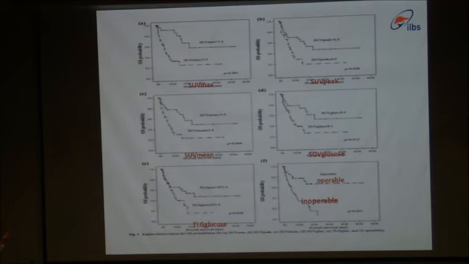In SUV max, you can make out that when SUV max was more than 7.3, survival was decreased, and when it was less than 7.3, survival was increased. The same is seen with the mean and peak also. And the same is here with TLG glucose and operability and non-operability.